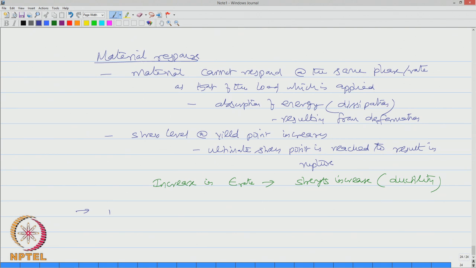So, it means that members develop resistance to the applied blast loads in excess of their static load capacity.